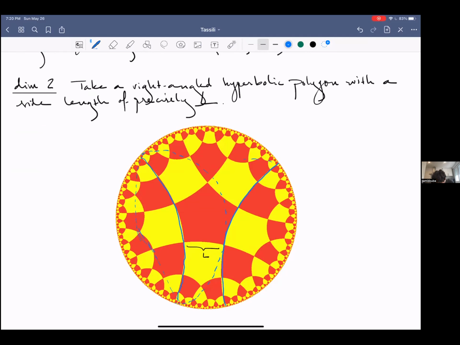And now the goal is to take a polygon that somehow has a good geometry with respect to these neighborhoods.